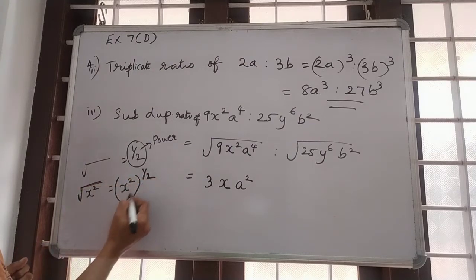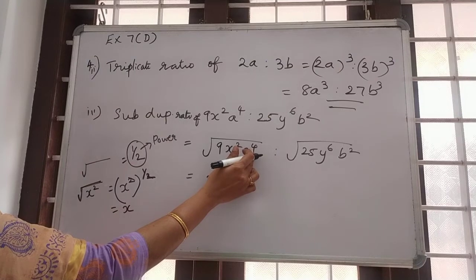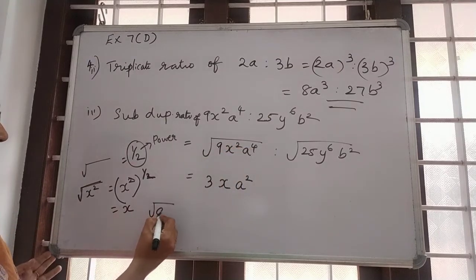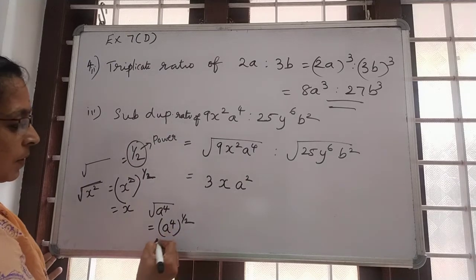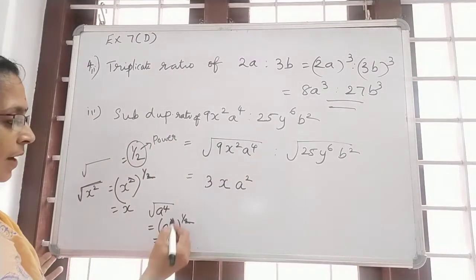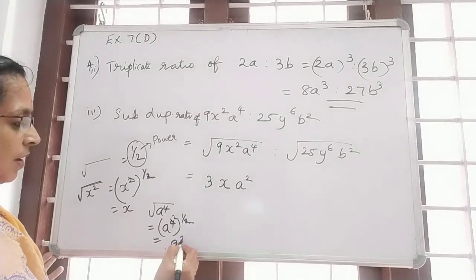The 2s cancel, so we are getting x alone. Same way, a raised to 4. Root of a raised to 4. We studied that root means raised to 1 by 2. So a raised to 4, root we are writing as raised to power 1 by 2. So 4 and 2 cancel. It is 2. So it is a square.